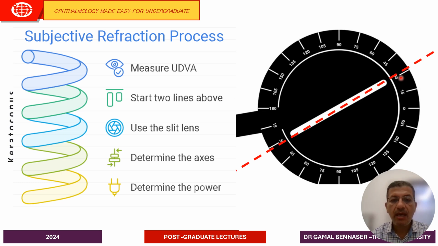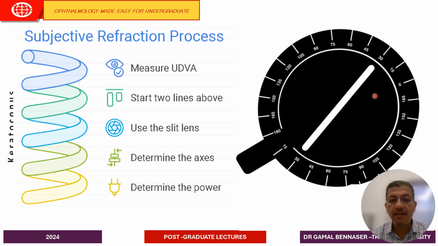For example, if you use this is the axis of the stenopaic slit, and determine the best axis the patient can see, and then we will do fine tuning so that determine the best axis, and then we will verify the power of this axis by adding the minus lenses. By rotating the lens like this, the patient will say whether he has better vision or not, so that we will do fine adjustment for both for the axis as well as for the power.